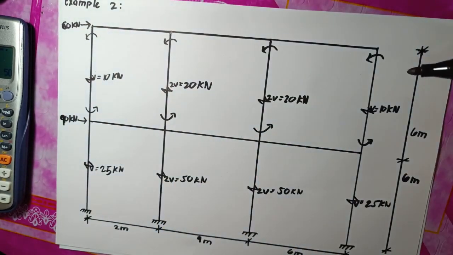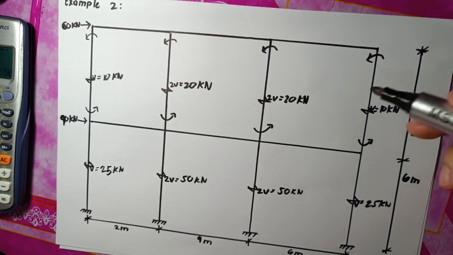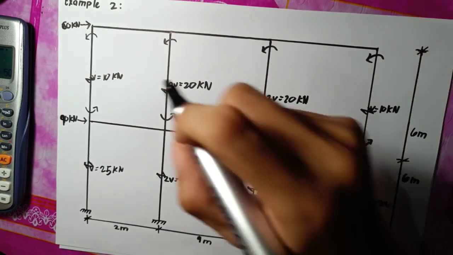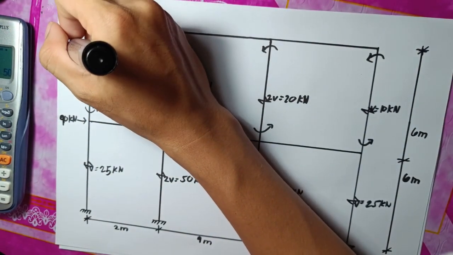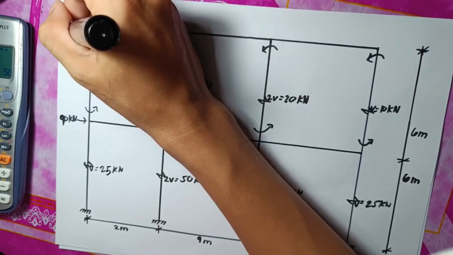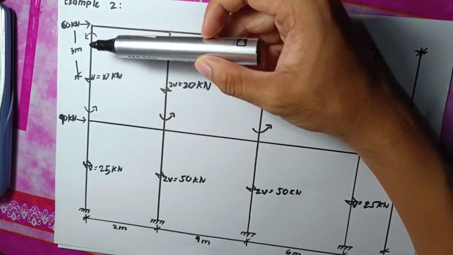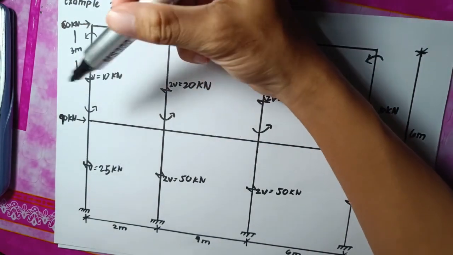After we're done, we must divide by 2 the height of the building. So 6 is half of 3 meters. So we must multiply the shear and the 3 meters.